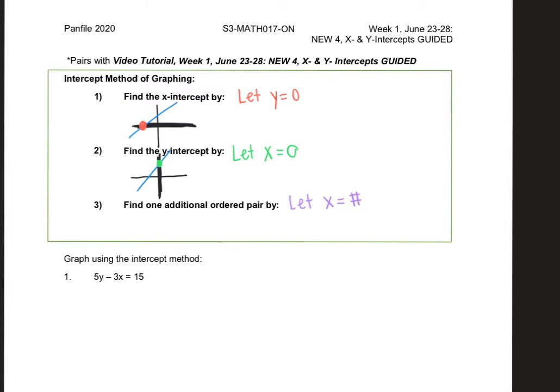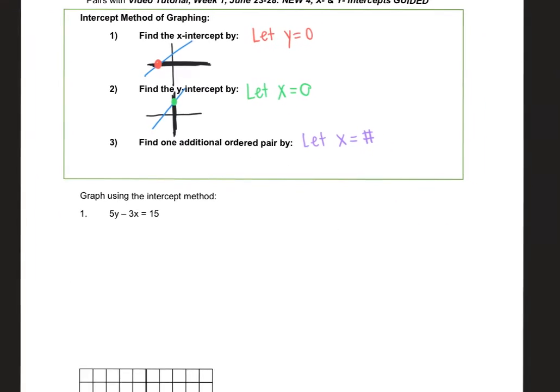We can't pick 0 because obviously that one has already been picked to find the y-intercept, but maybe I pick 1, maybe I don't pick 1 because maybe 1 gives us a fraction answer. Maybe I just take a shot in the dark and pick any number and plug it in my calculator and give it a go. So let's look at what this looks like in practice.